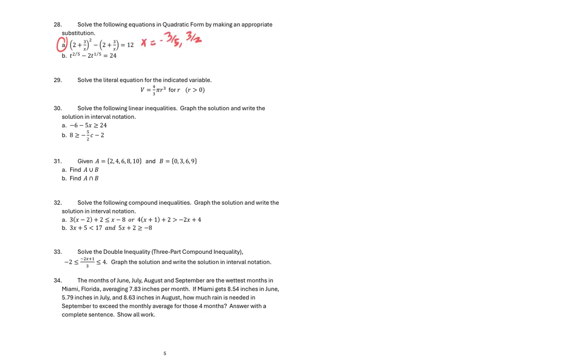Now looking at Part B, we're given t^(2/5) − 2t^(1/5) = 24. It's a really bad 5. So I'm going to get it in more of a quadratic form by subtracting 24 on both sides so it equals 0.